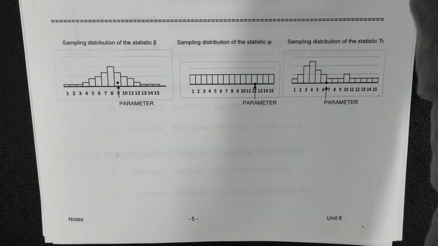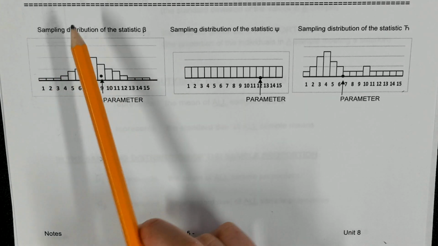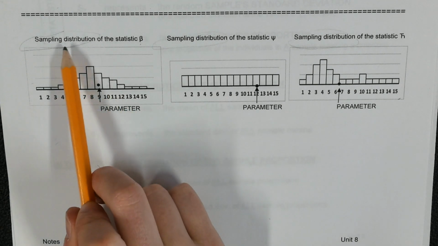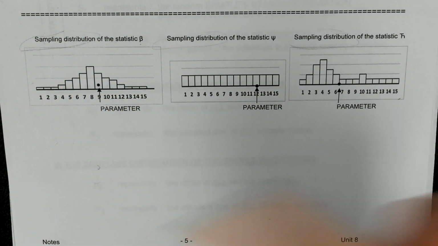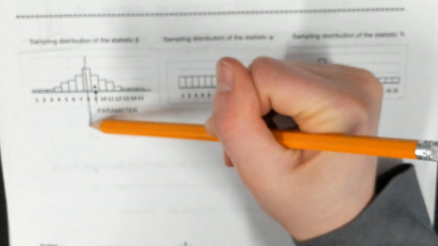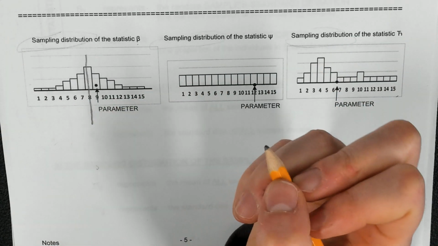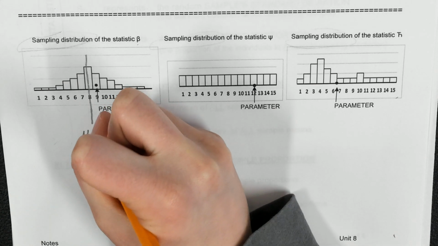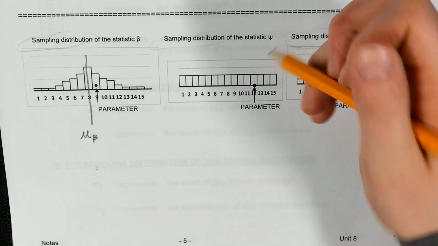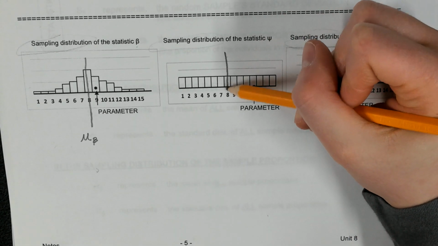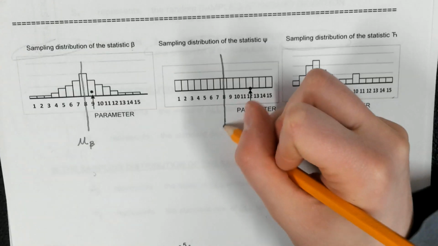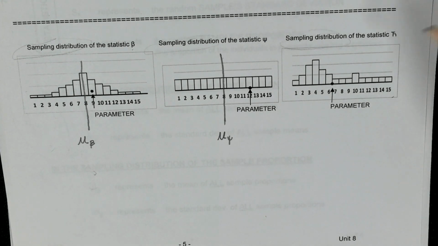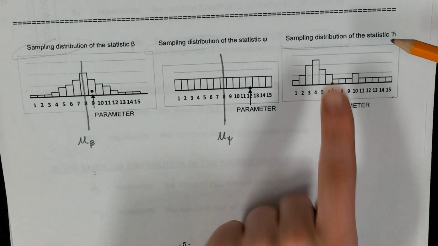Down here, these are all the different sampling distributions. Let's find the mean of each sampling distribution, which is where it's going to be balanced. The mean of my sampling distribution looks like it would be in here. That is the mean of all my different statistic values. In this one, this looks like the balancing point. And in this one, it would probably balance somewhere in here.